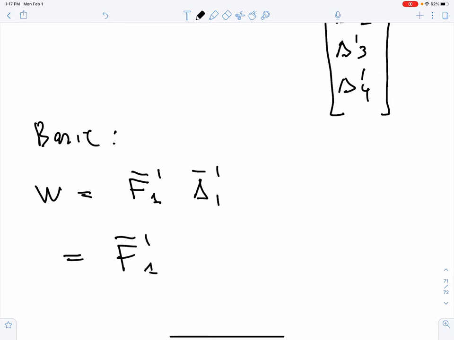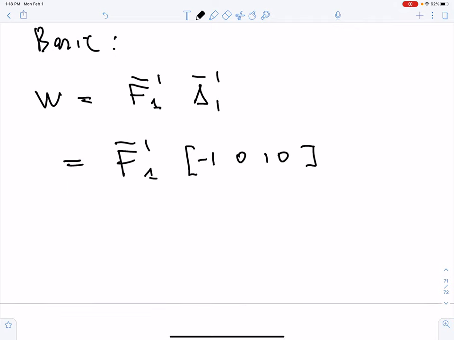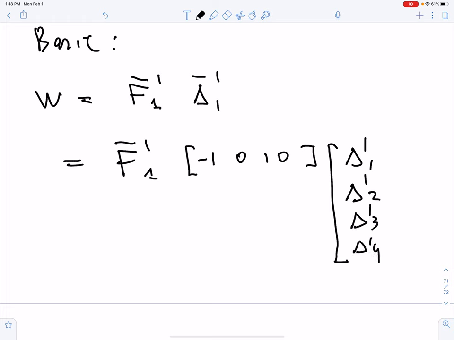Prime 1, times gamma RBM, minus 1, 0, 1, 0, times delta prime 1, delta prime 2, delta prime 3, delta prime 4.